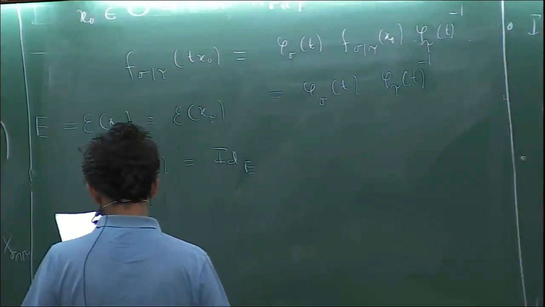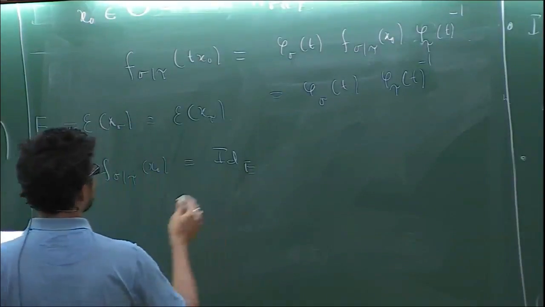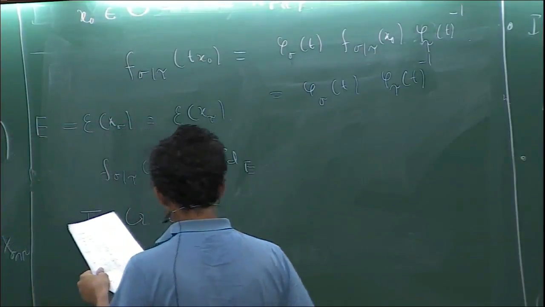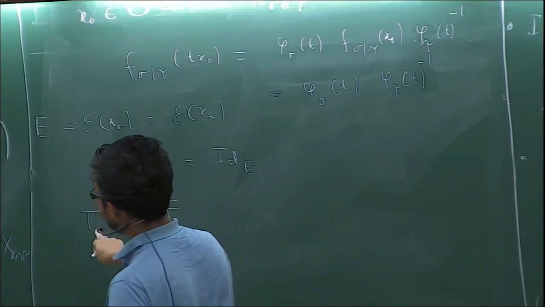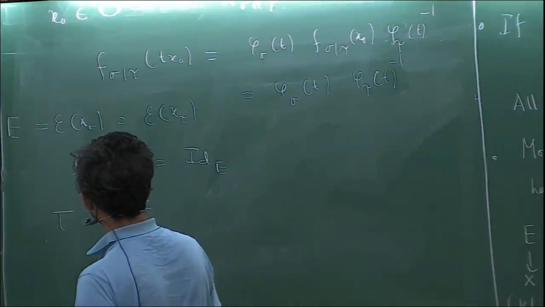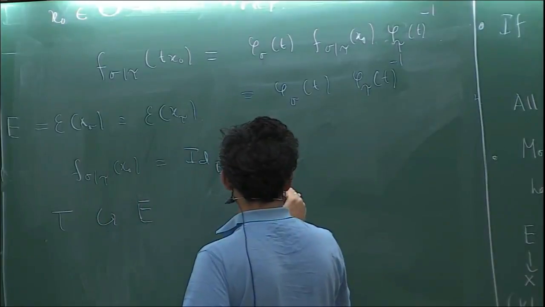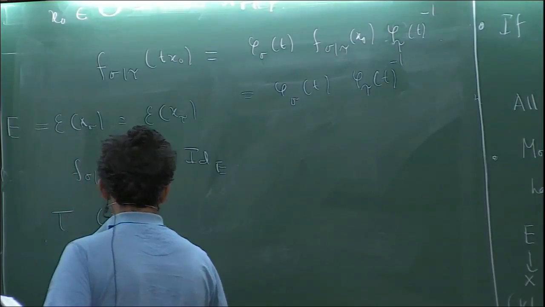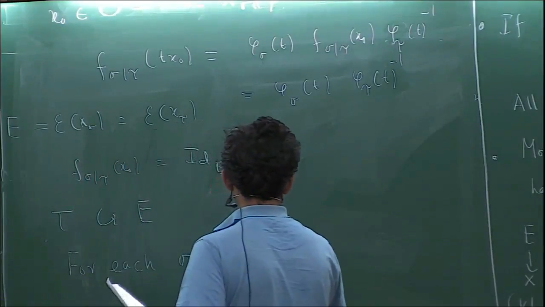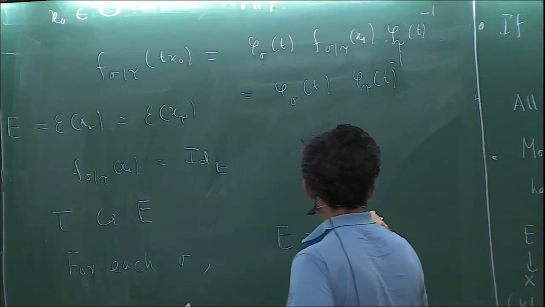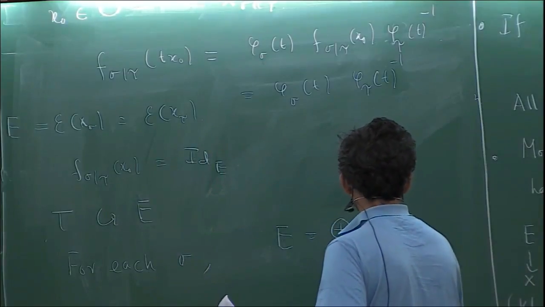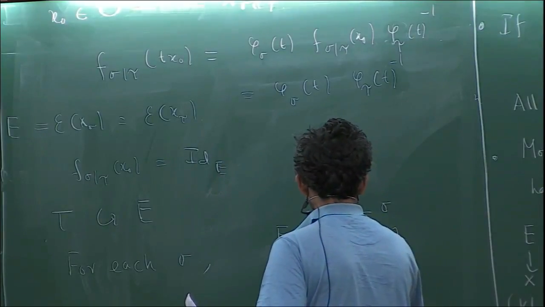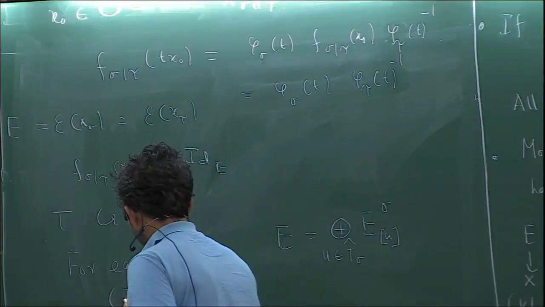So this is the extendability condition. First, T acts on this vector space. So for each sigma there is an action, and for each sigma I have this isotypical decomposition of E. I call it E_sigma,U, where U belongs to the characters, so this is the isotypical decomposition.